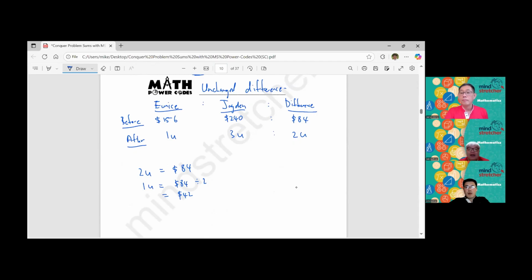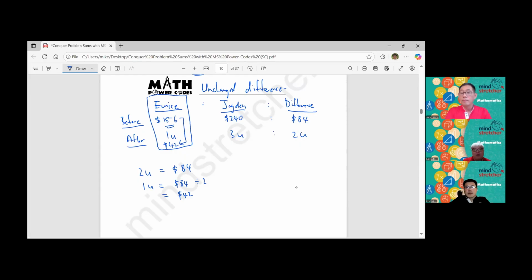So if 1 unit is $42, looking at the portion of Eunice, after paying for the present, Eunice will be left with $42. At first, Eunice had $156. After she paid, she is left with $42.